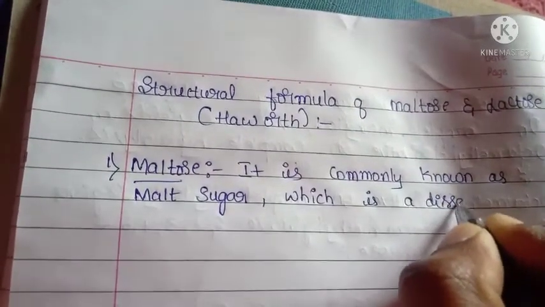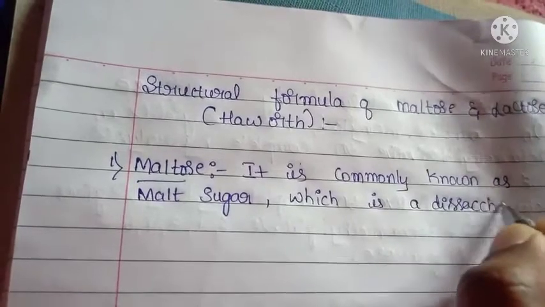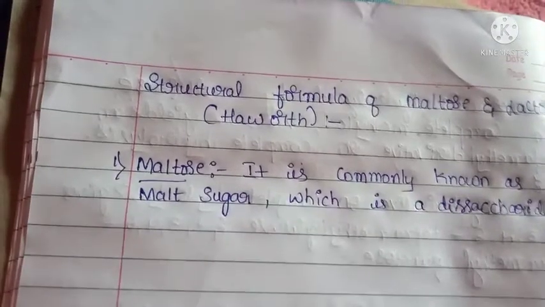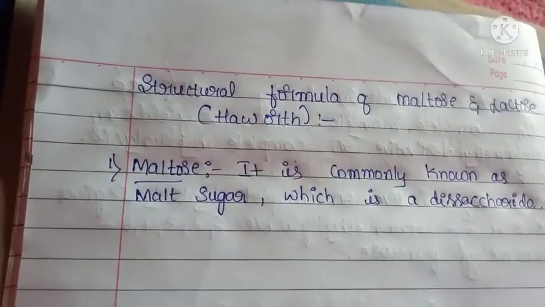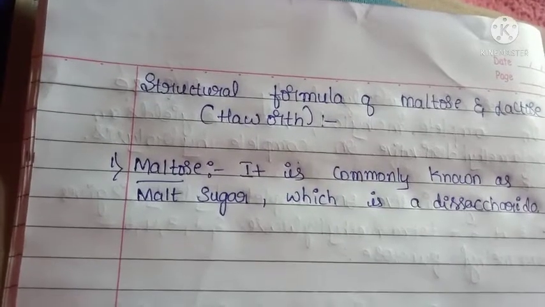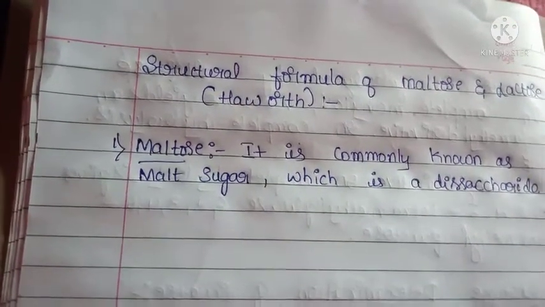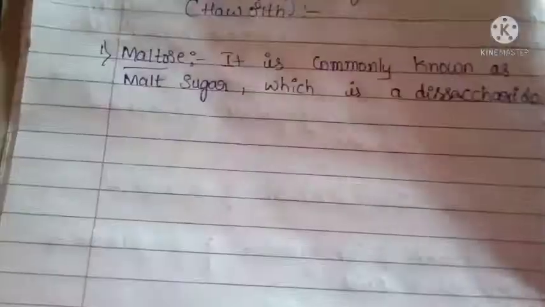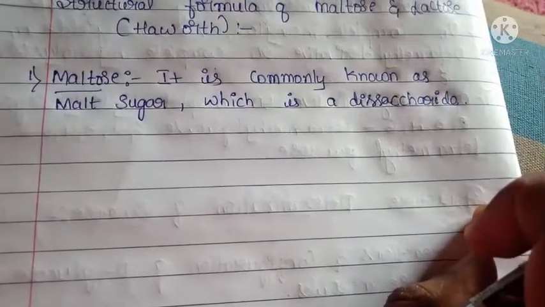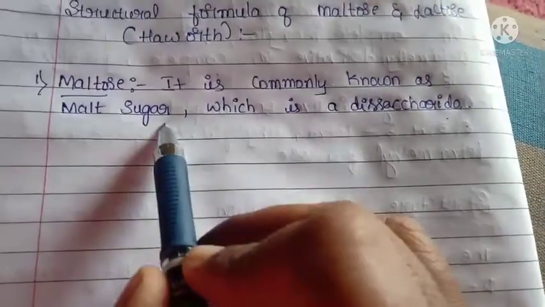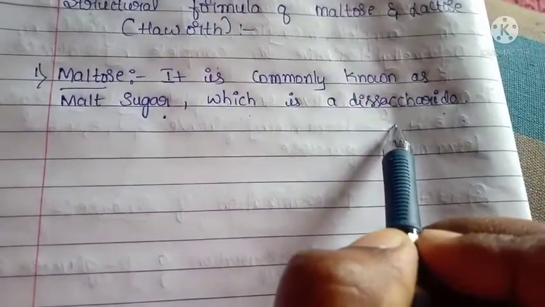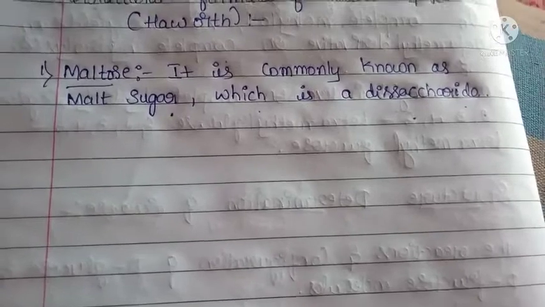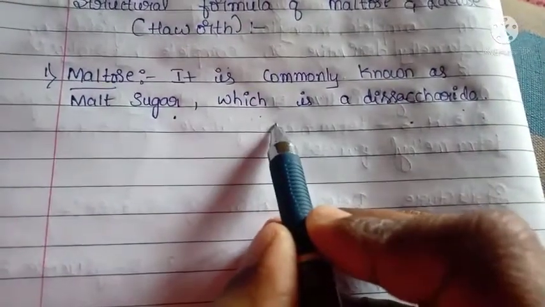This maltose is present in the germinated seeds, particularly cereals, and that should be in the form of starch. You know that starch is present mainly in rice. It is commonly known as malt sugar, which is also a disaccharide, and it is present in the germinated seeds.